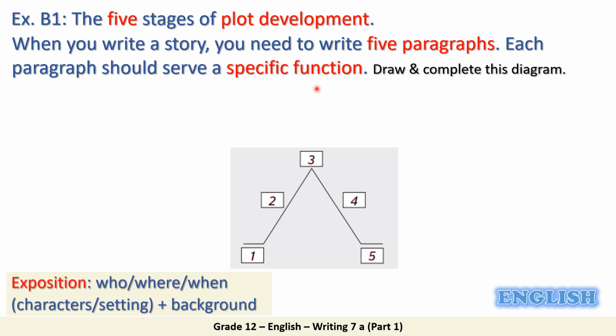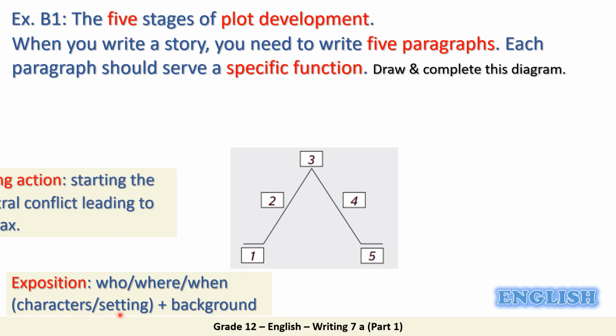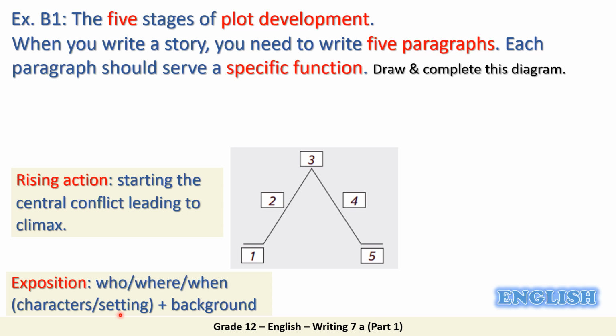The first paragraph is the exposition, the introduction, the opening paragraph, in which you write about the characters and the setting. The second one is the rising action paragraph, in which you start the central conflict, the central struggle in the story, leading up to the climax.